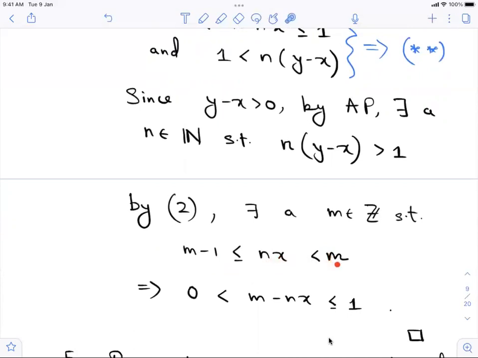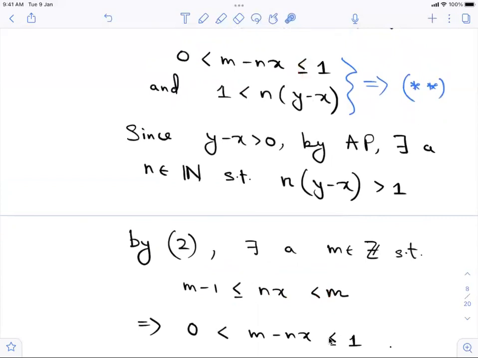So this distance cannot exceed 1. So I've found m using the second property and found n using the Archimedean property, so that this holds, therefore double star holds, and therefore we have found what we want.